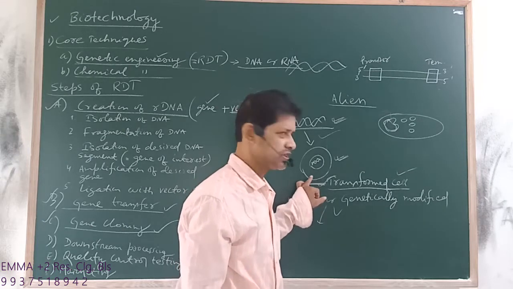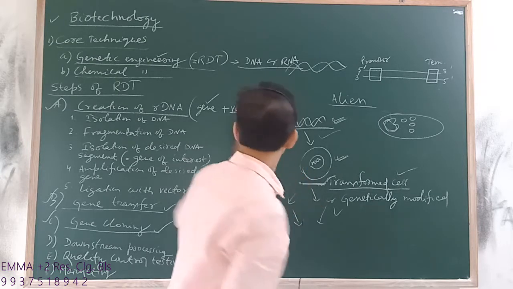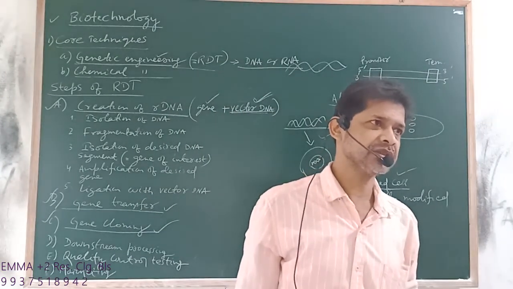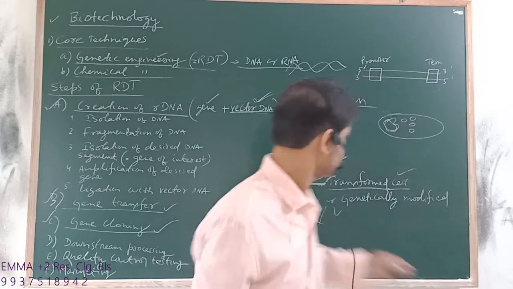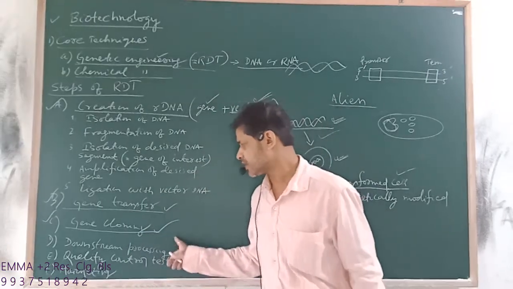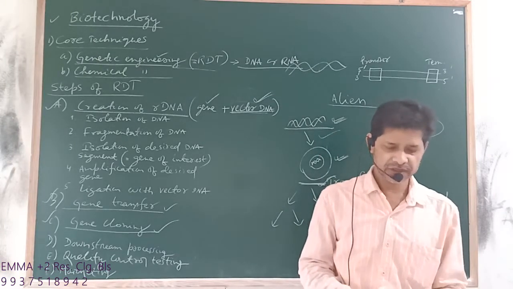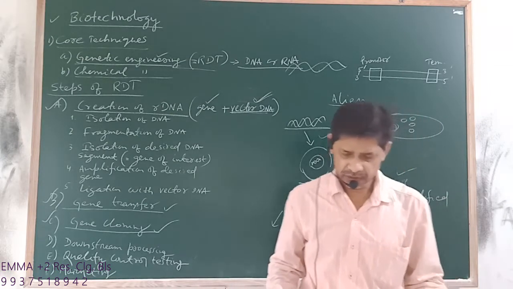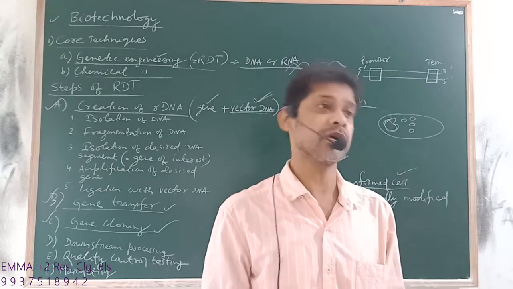This genetically engineered cell requires some extra nutrients. So we will prepare the culture medium which will contain these extra nutrients for cultivation or culturing. After that, downstream processing. Downstream processing means this is the method by which we will separate and purify our product.